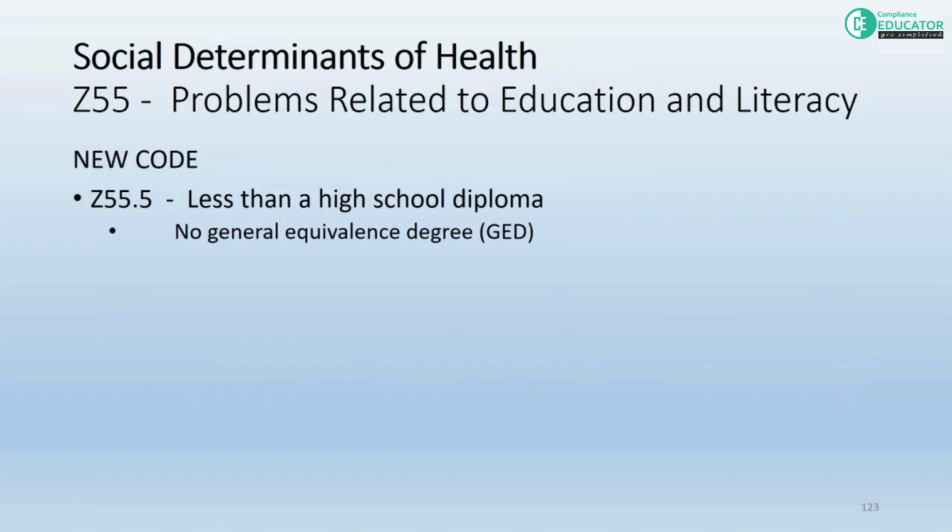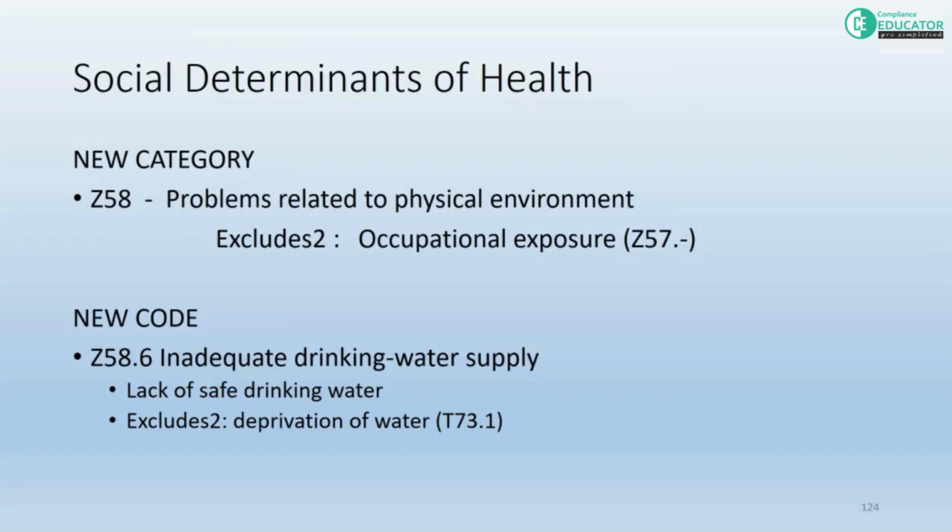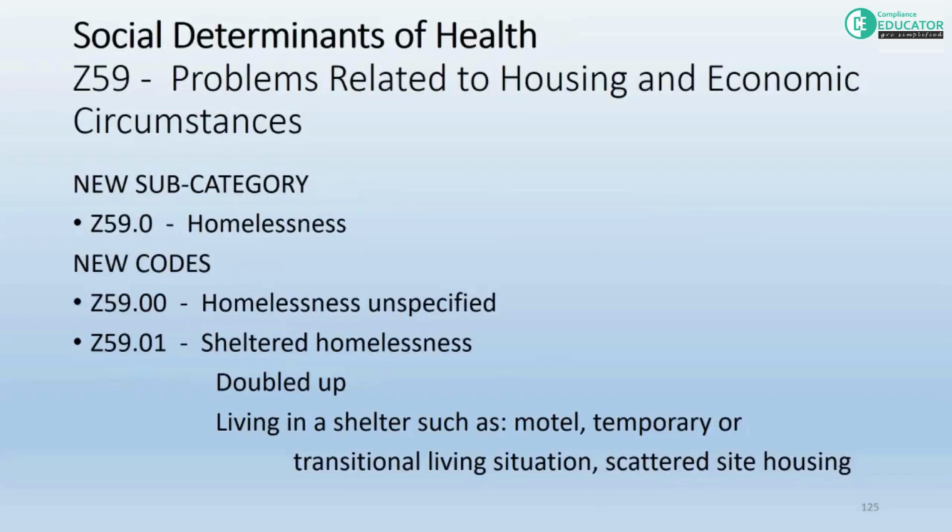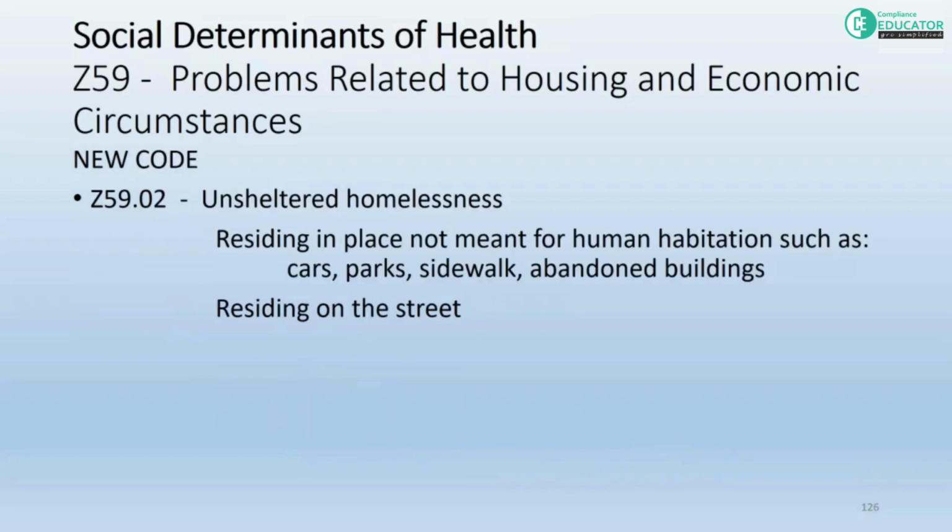So under our social determinants of health, we have a new code, less than a high school diploma. Codes for problems related to physical environment, inadequate drinking water supply. A new subcategory for the homeless. And then delineating, is this homeless unspecified? Is it someone that's sheltered but homeless, or unsheltered homeless?